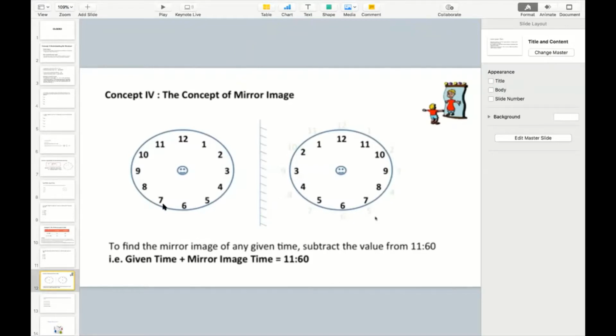So when the time is 7:20, if you look at the image properly, you will see that it will be 4:40. Just try to visualize it on the screen. When you're standing in front of a mirror, 1, 2, 3, 4, all these are closer to the mirror, so in the mirror image also 1, 2, 3, 4 will appear closer to the image.